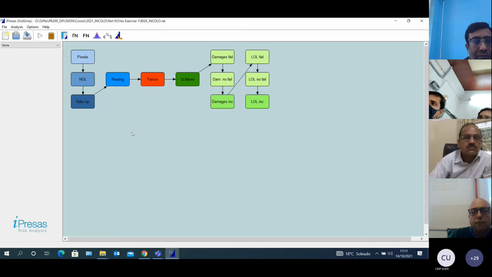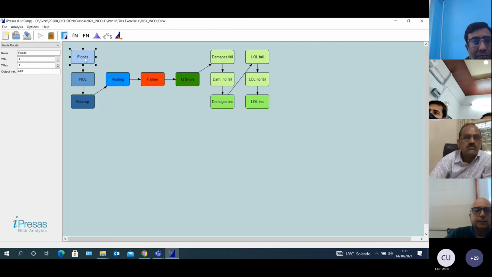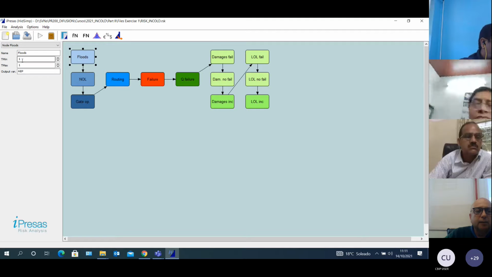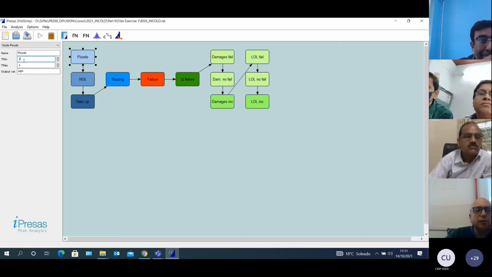Okay, good. Now we are going to upload data to calculate the current risk. And we are going to go very slowly, okay? Floods. I write over there, I just selected it, and it says floods, all the other things we don't need to change, but minimum and maximum return period, we have to let him know. And we had said that minimum return period is 1, and maximum we have available is 100.